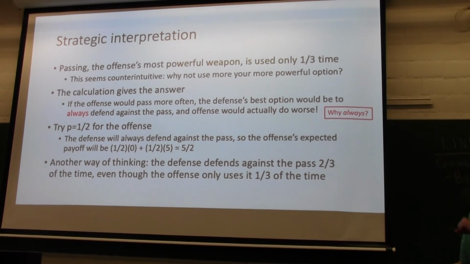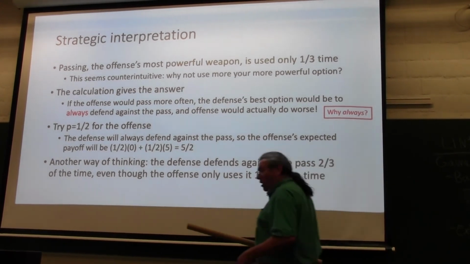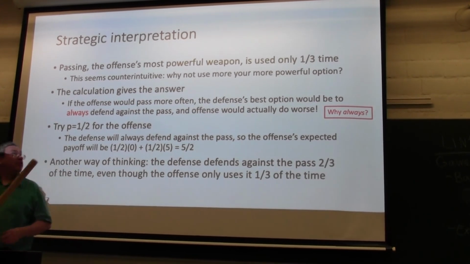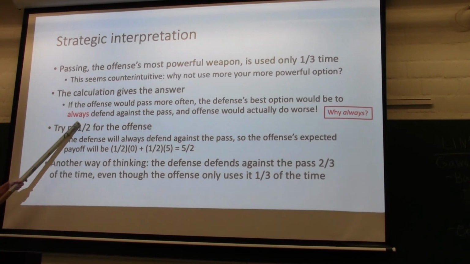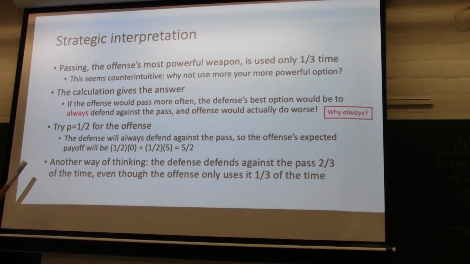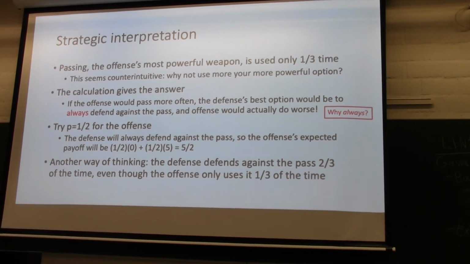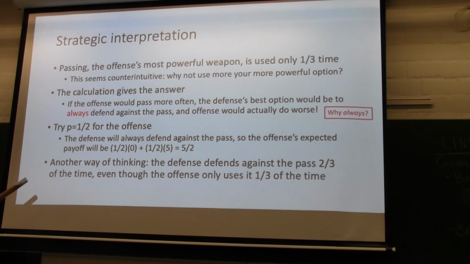They would have a pure defense. Okay? Well, let's say instead of 1/3, just try 1/2. Well, even that you can see is not as good. The offense will always face a defense against the pass. Okay? So you will actually have less payoff if you do that.